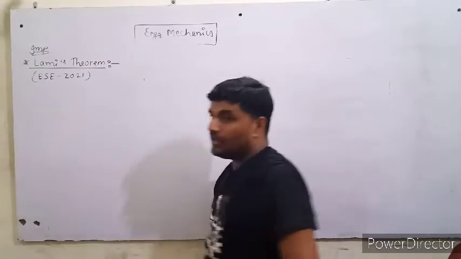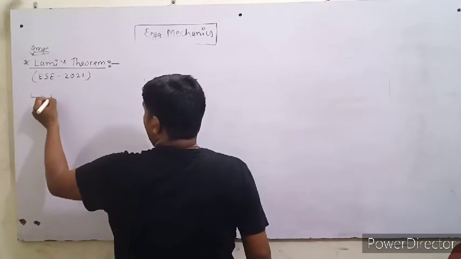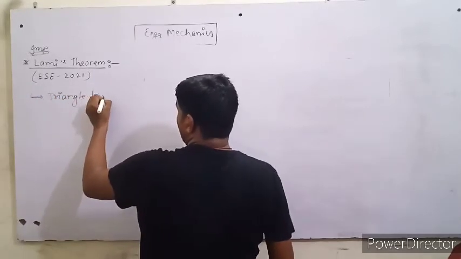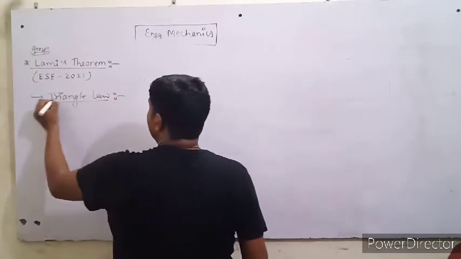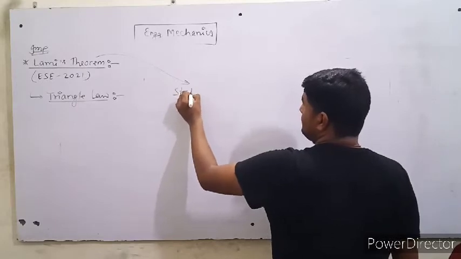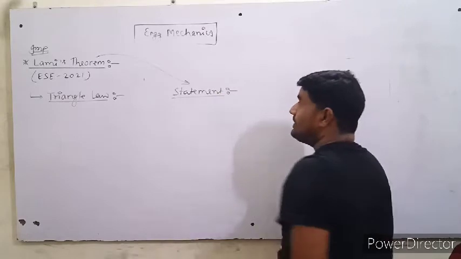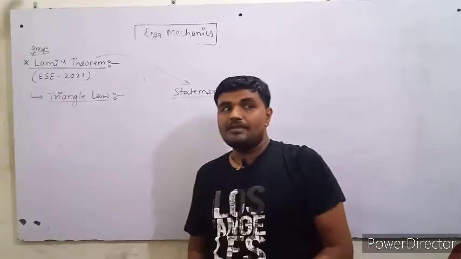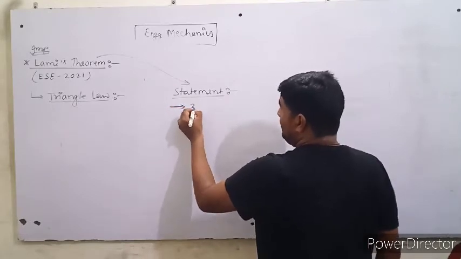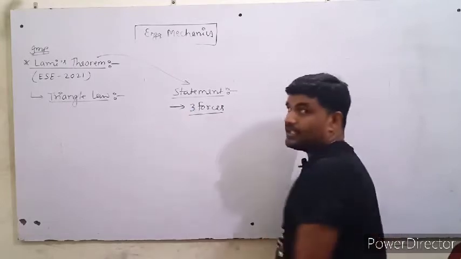To prove Lami's theorem or to define Lami's theorem, we will use the triangle law. Let me define first what is Lami's theorem statement. So students, according to this theorem, if 3 forces, how many forces students? 3 forces.